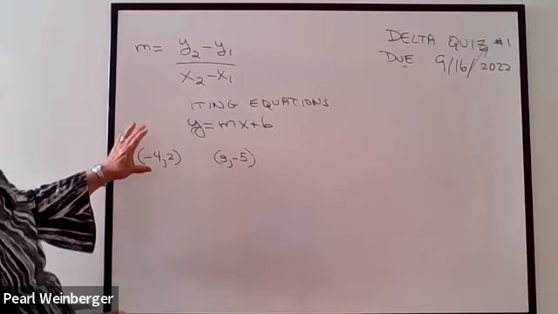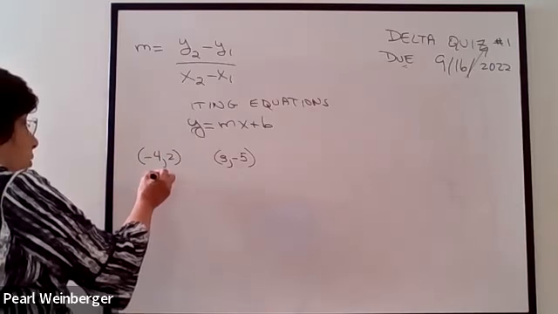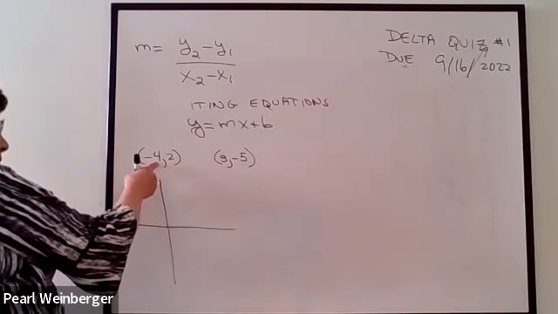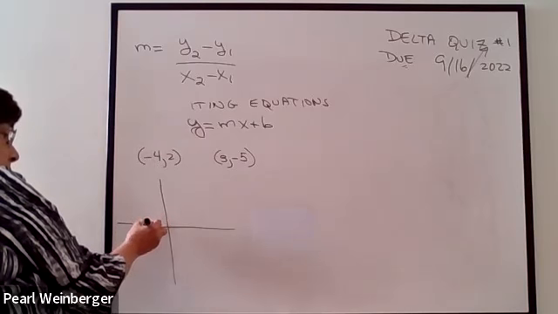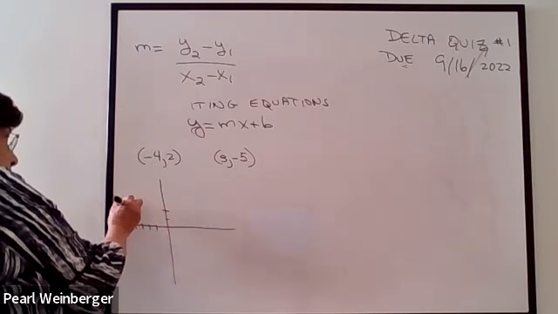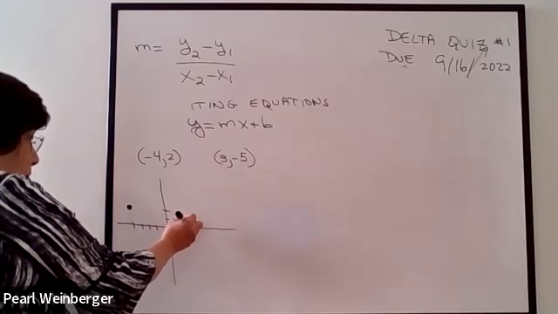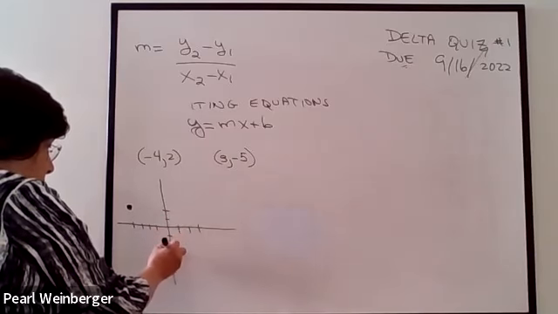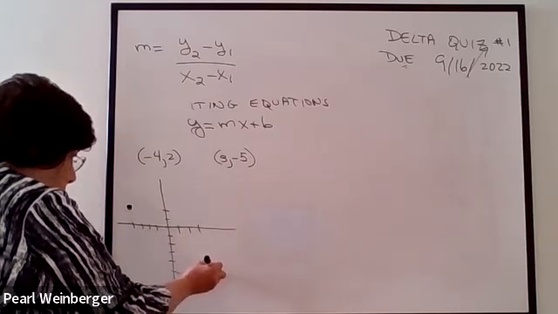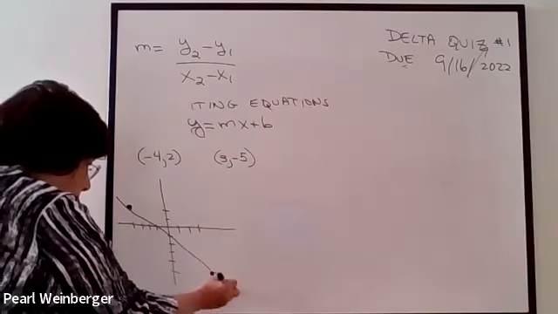Here are 2 points. There's a line between these 2 points. I'm going to draw it, but you don't really have to. I'm just drawing it so you can see what it looks like. (-4, 2) means you're going 4 to the left and 2 up. Here's point number 1. (3, -5) means you're going 3 to the right and 5 down. Is right here. And you get this line that looks like this.